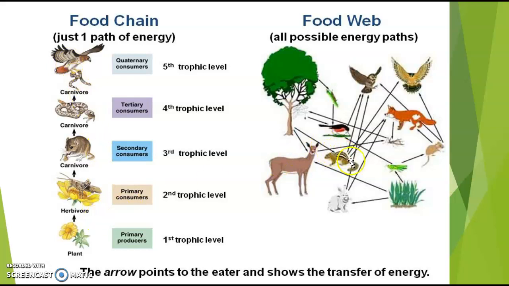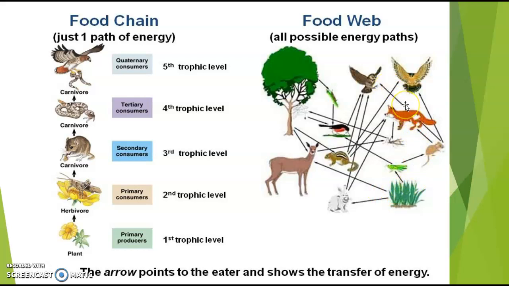Your food web shows multiple pathways, and it's really a more realistic approach to looking at how energy is transferred through organisms, because this is much more realistic of what actually happens. A food chain is great for identifying terms and just looking at one simple pathway, but a food web is actually more realistic out in our actual natural world.